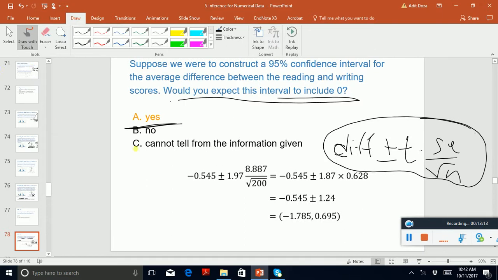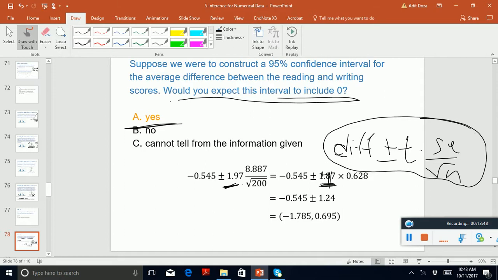So what's the difference between reading and writing? It is negative 0.545. What does the negative sign say? That the reading score is lower than the writing score, right? And what is the t value? Oh, there is a typo here, right? This is a typo. Okay, this should be 1.97. Okay, times the standard error over root n. Okay, you can go home and check.